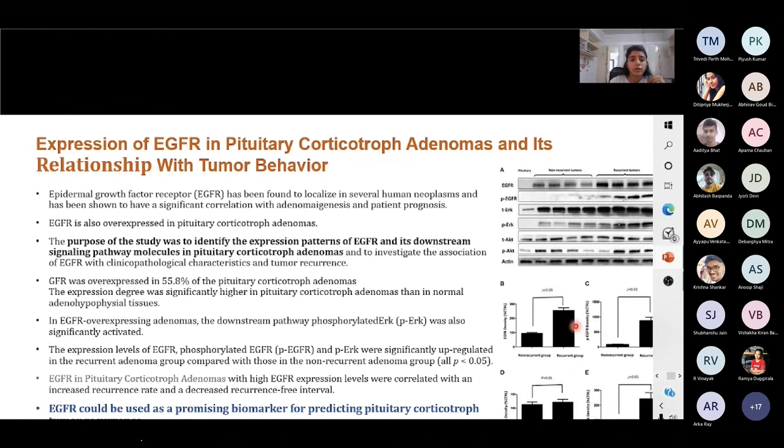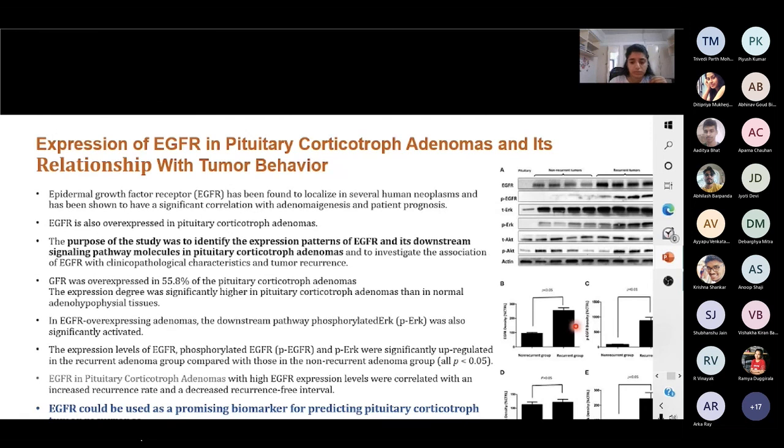So the overall conclusion of the study was that EGFR could be used as a promising biomarker for predicting pituitary corticotroph tumor recurrence in the coming time.